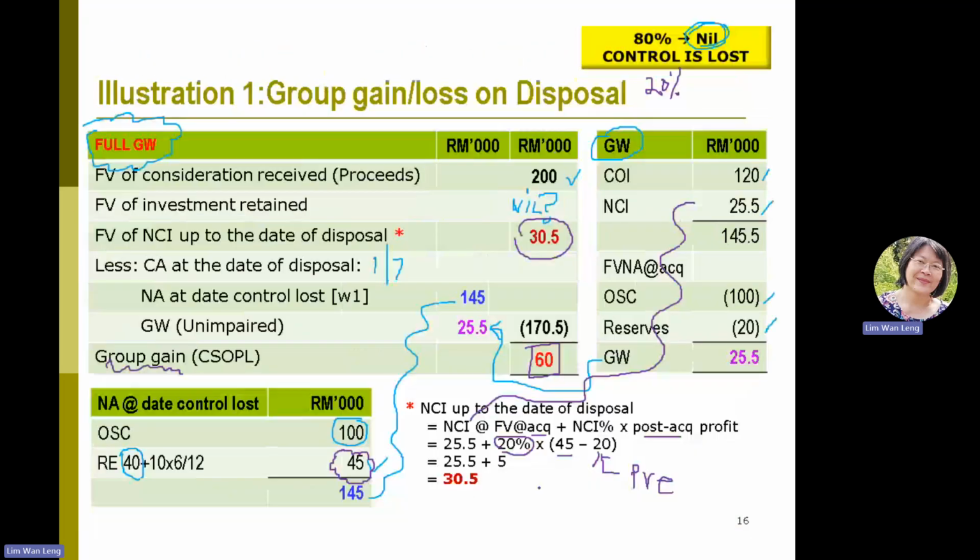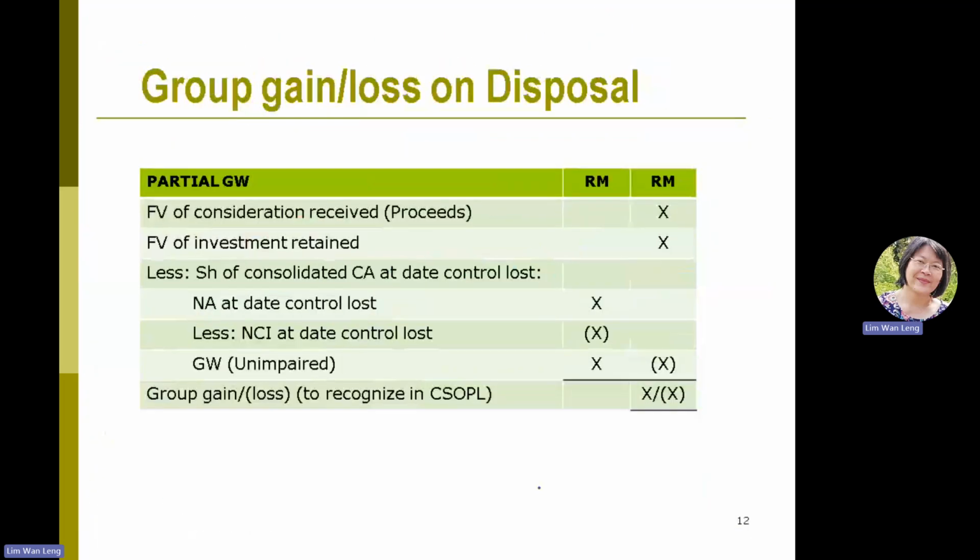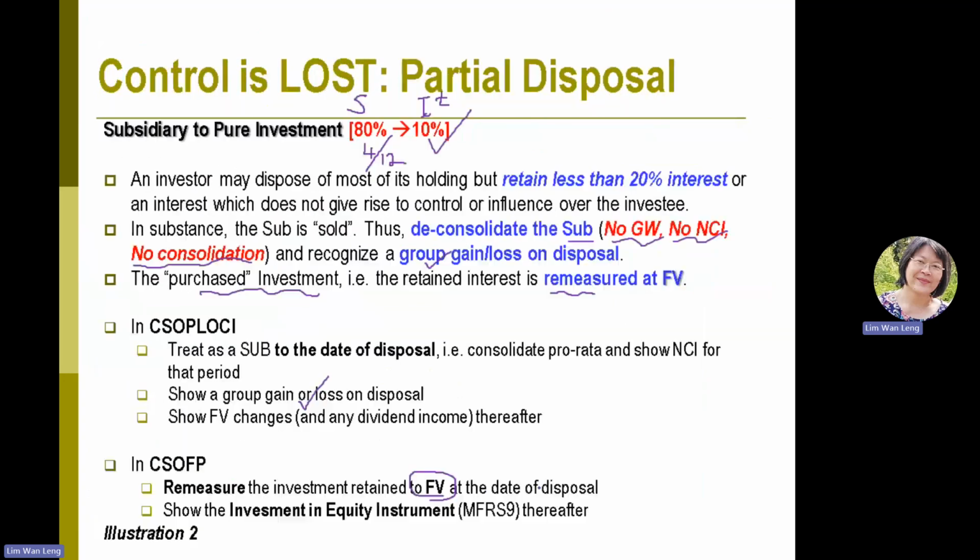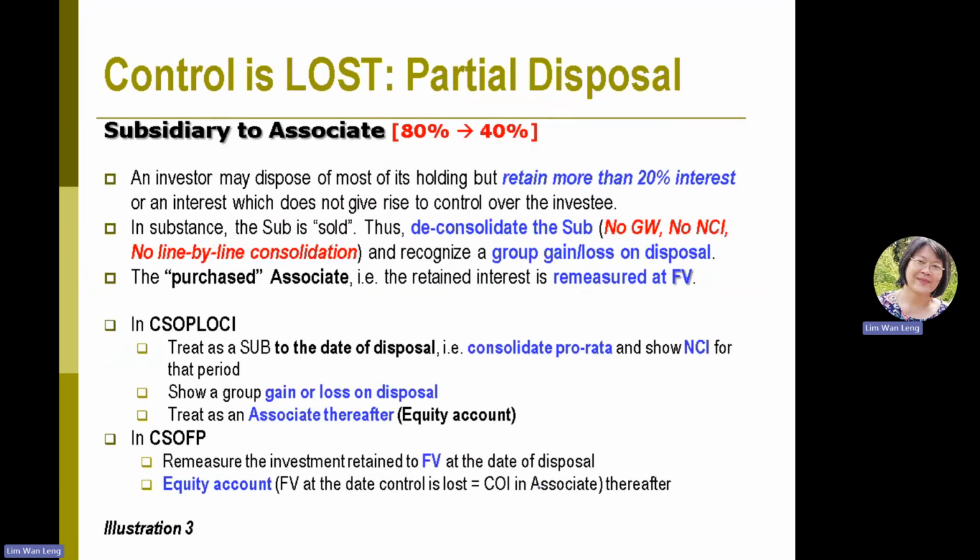Then we go back to look at illustration 3. Illustration number 3. This is originally a subsidiary. After you dispose of 40%, you become 40%. So there are two ways to come to the same effect, 80 to 40.